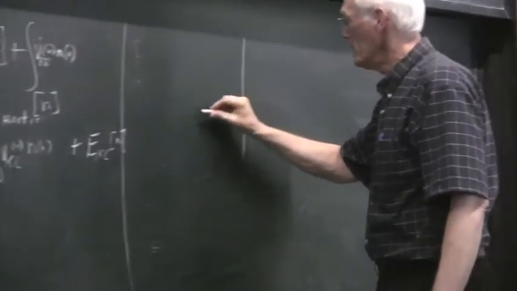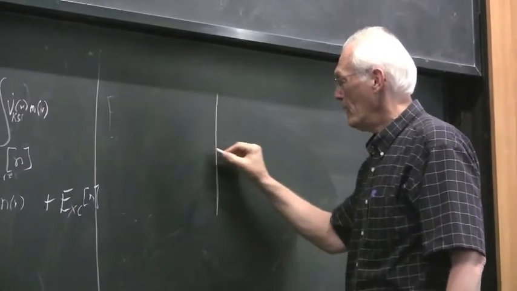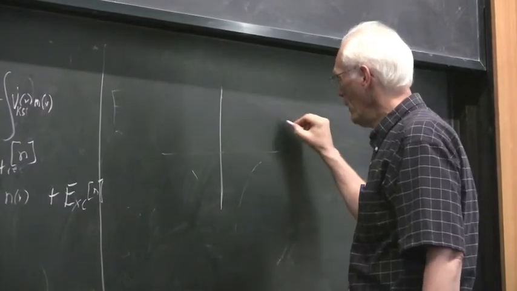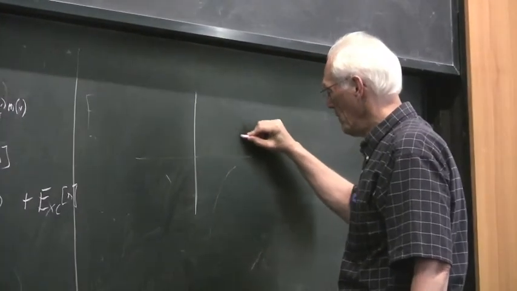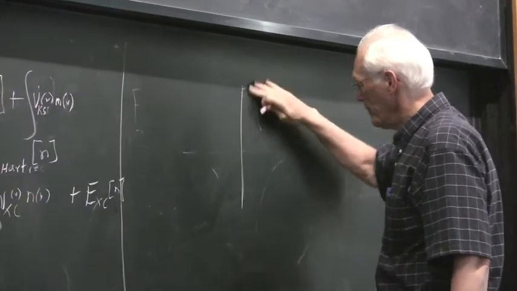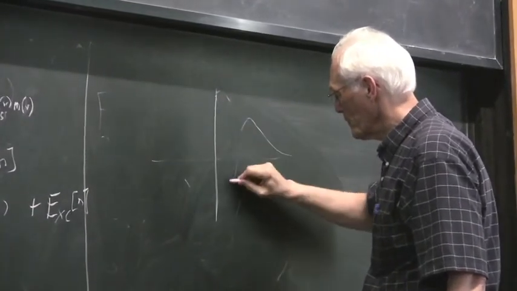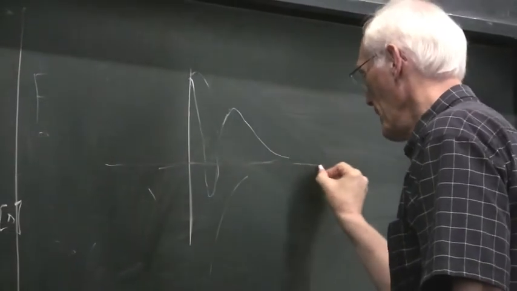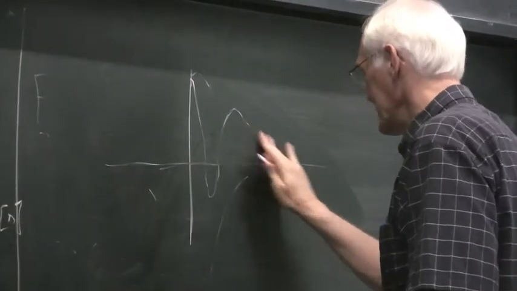Suppose you have an atom and you have a wave function, let's see, potential, a wave function that somehow does wiggles near the nucleus. And we'll make that extend a little further.